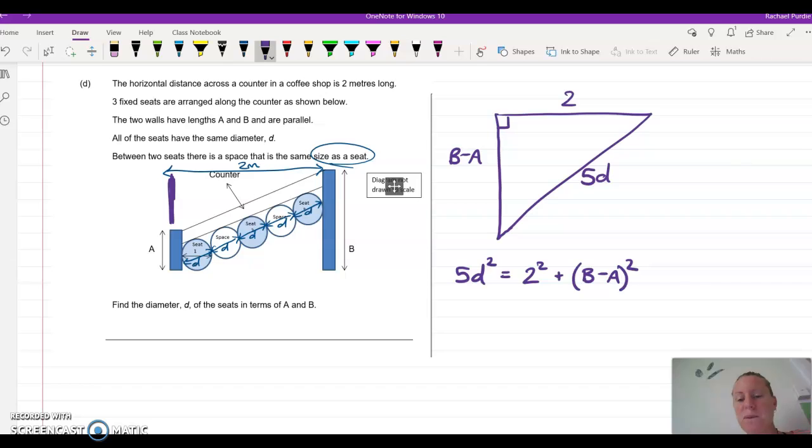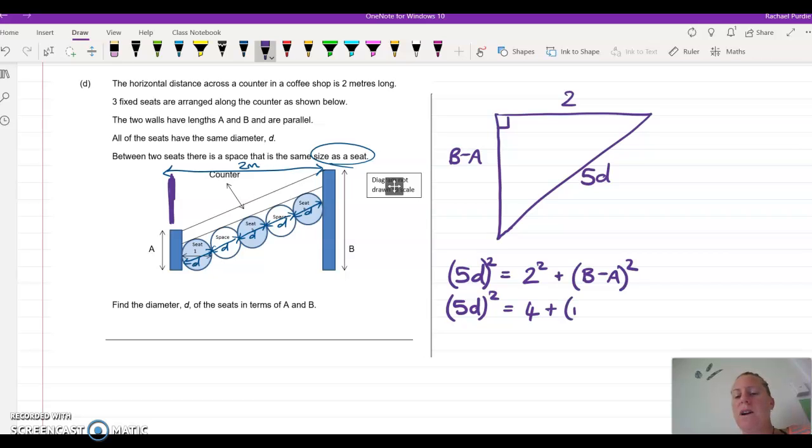Now it's a little bit of algebra. So let's just leave this side alone. And of course it's not 5d squared like that. It's actually 5d and the whole thing squared. So just watch for that. That's my bad. So (5d) squared is 4 plus (b minus a) squared.